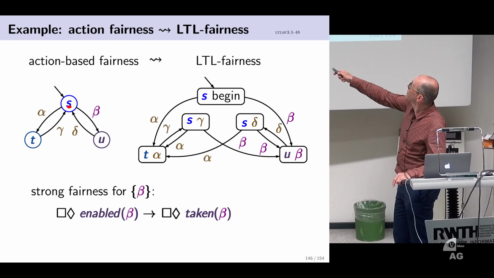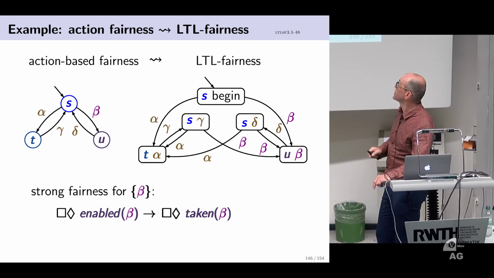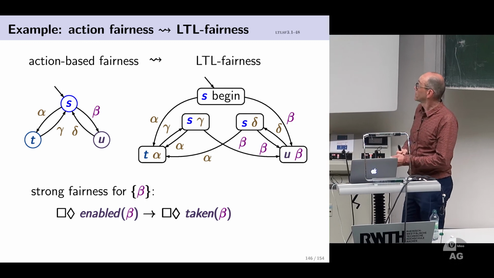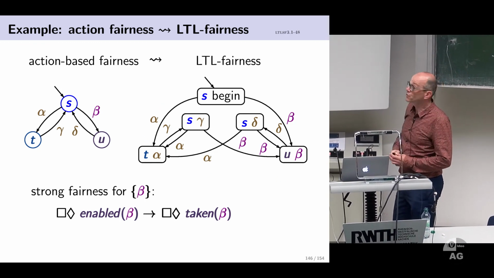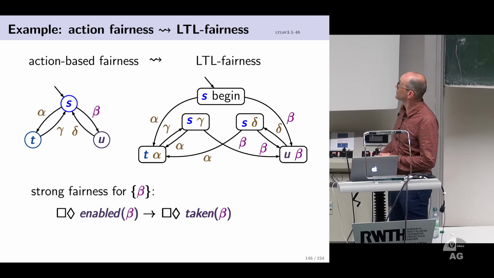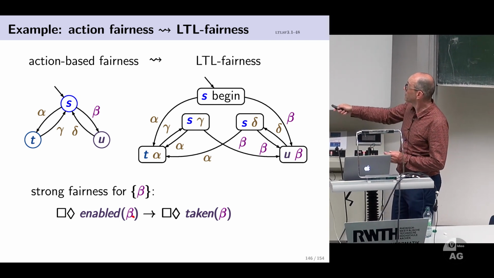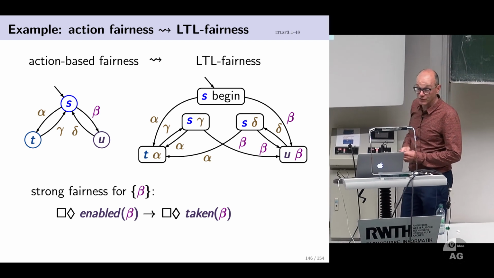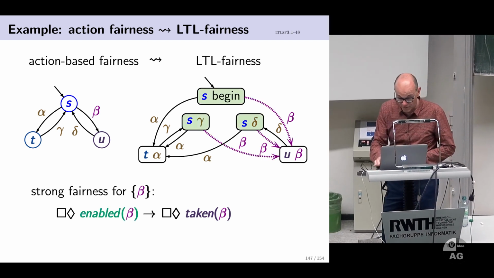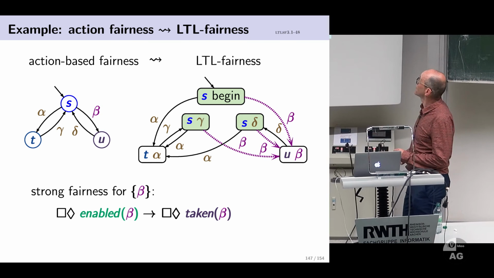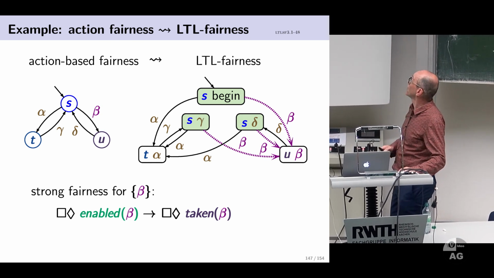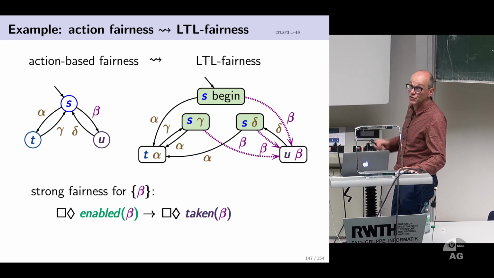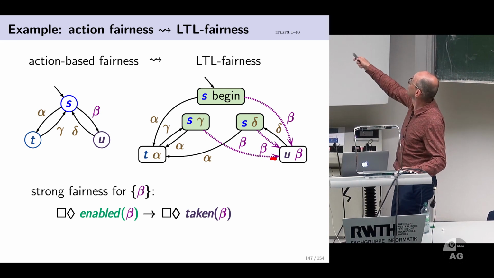Right, so here it's clear, then we just say, okay, we have a strong fairness assumption with the singleton set that contains the singleton set beta. Now we express this in terms of this transition system, and now we can express this by saying infinitely often enabled beta implies infinitely often taken beta, and that's basically the states where beta is enabled are the three green states, because those are the only states that have an outgoing beta transition, the dashed lines over here.